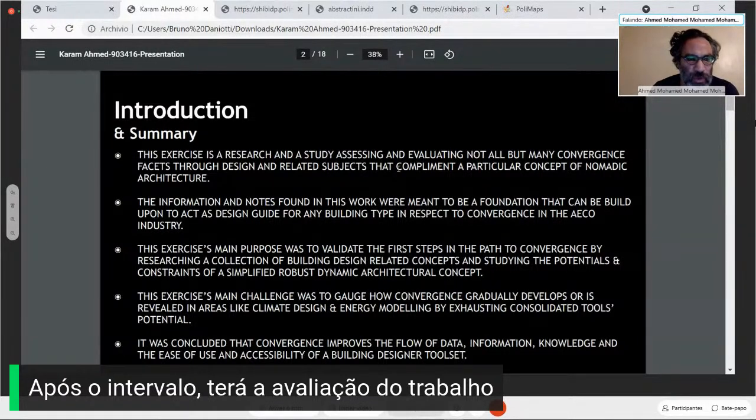The exercise's main purpose was to validate the first steps in the path to convergence. The main challenge was to gauge how convergence gradually develops in building design, or how it is revealed in areas like climate design and energy modeling, by exhausting a very consolidated tool.